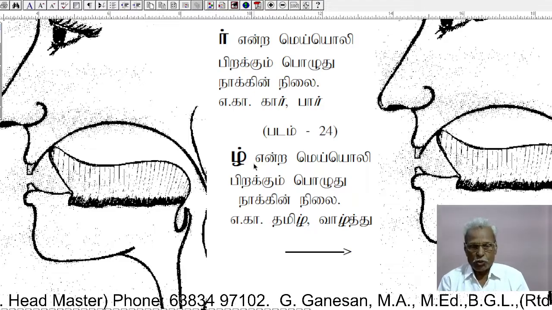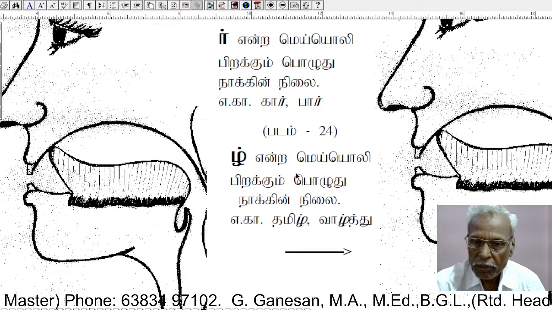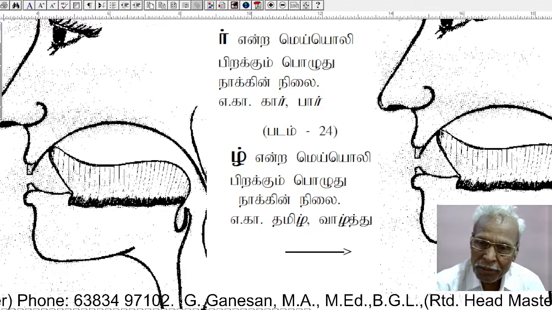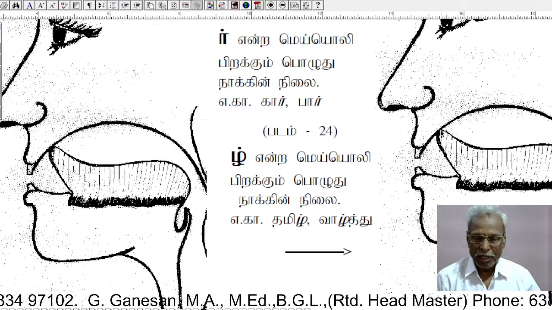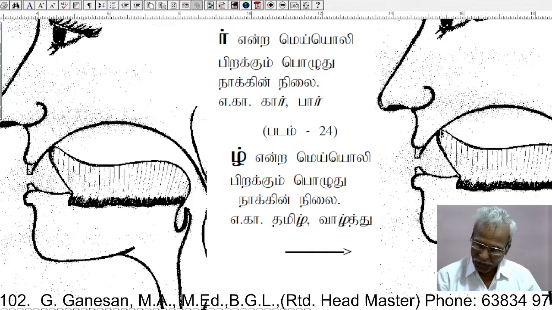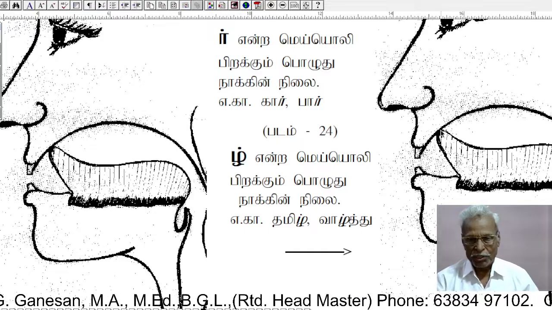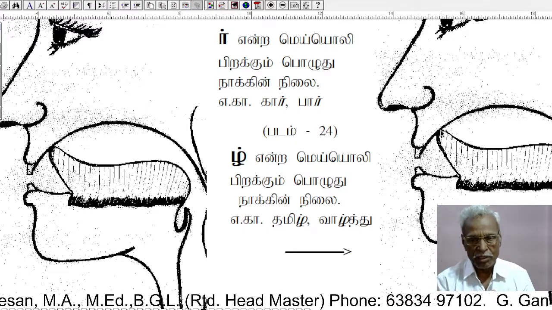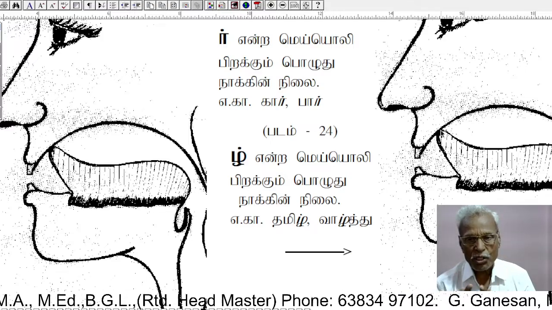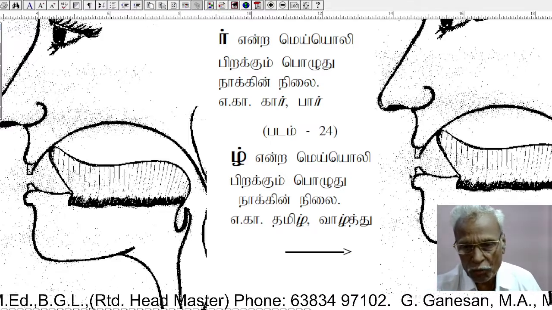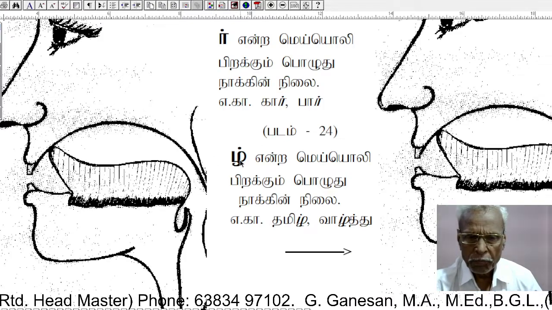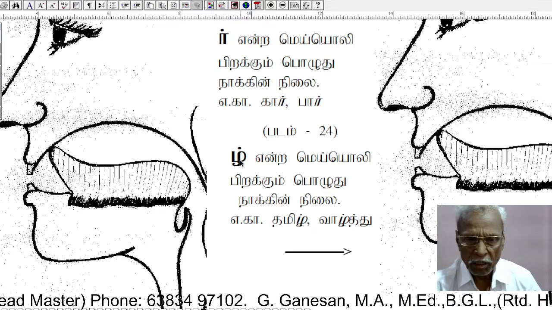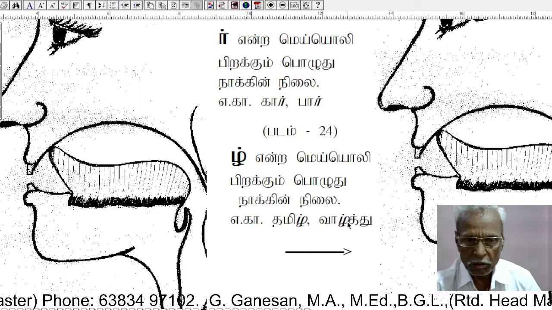This phoneme is also produced by raising the tip of the tongue towards the hard palate and slightly pressing it and sending out the air through the sides of the tongue and the mouth. You see, example, Tamil, Valthu.